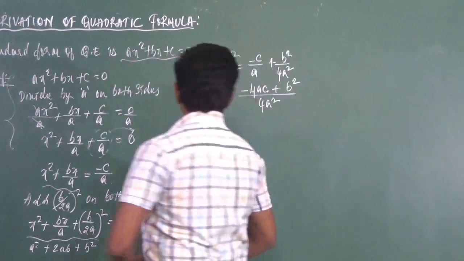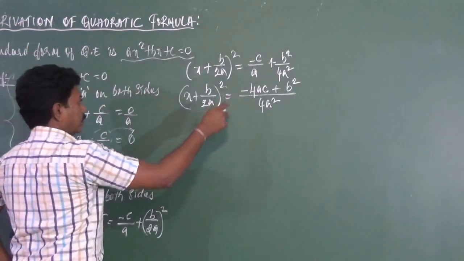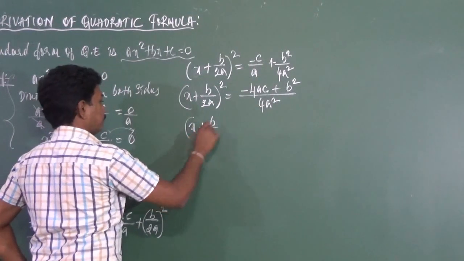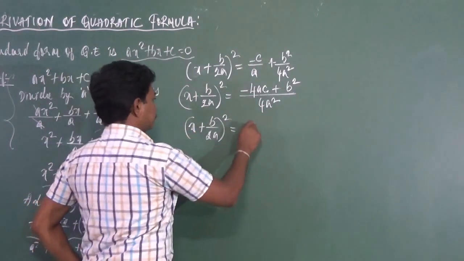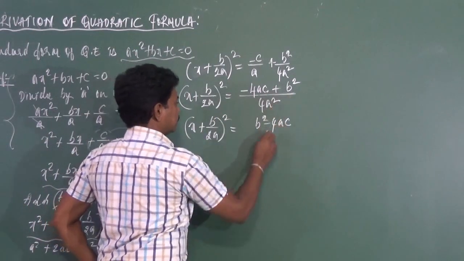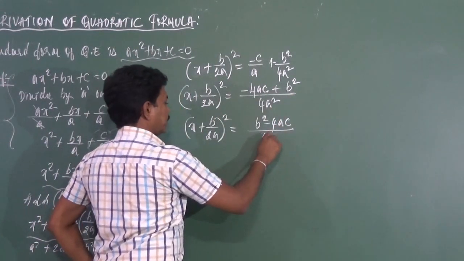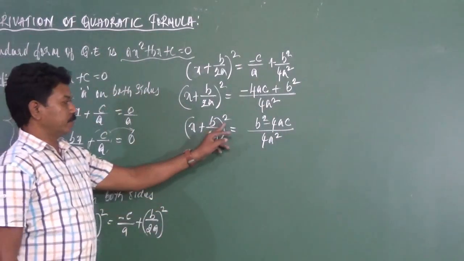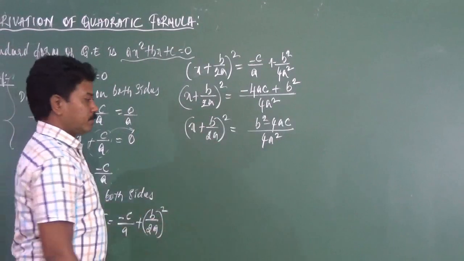So now we will alter this. So x plus b by 2a whole square is equal to b square minus 4ac, I am dividing this by 4a square. So let us take square root on both sides. Because I have a perfect square here, I will take square root on both sides.